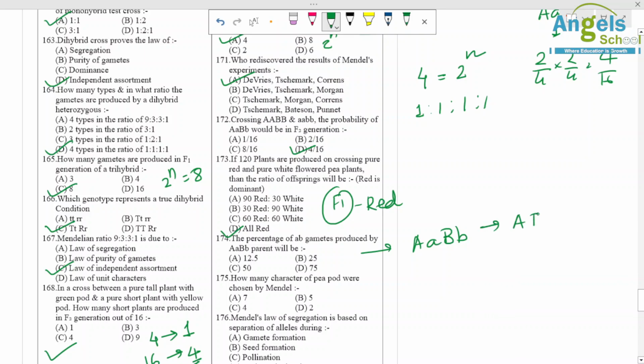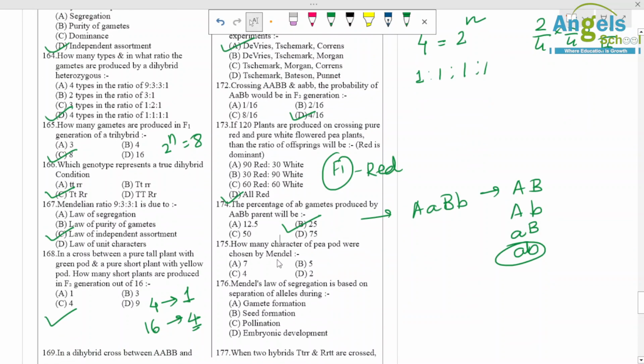So we have to get four types of gametes: capital A capital B, capital A small b, small a capital B, and small a small b, and again 25% each. So small ab we get 25%.